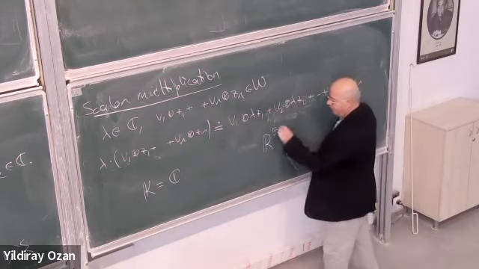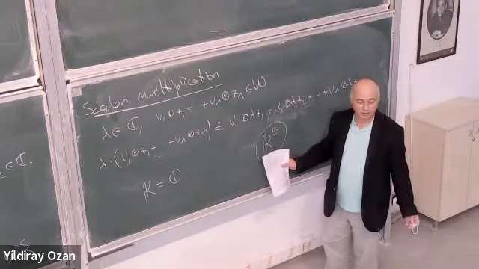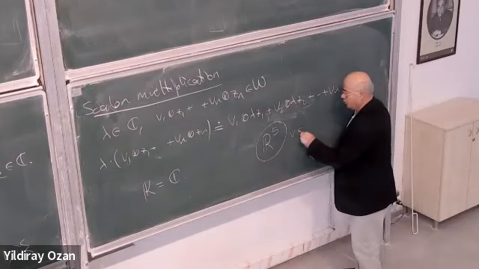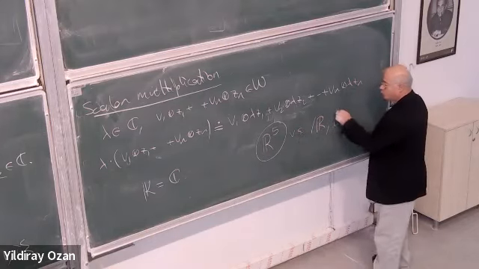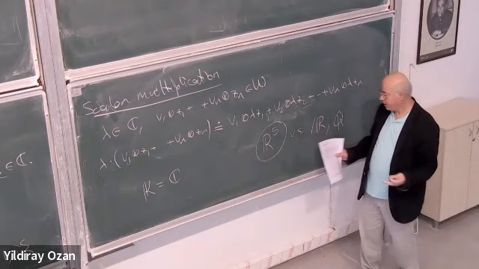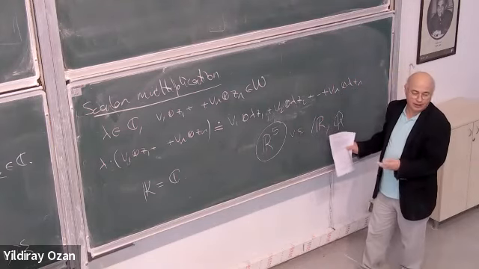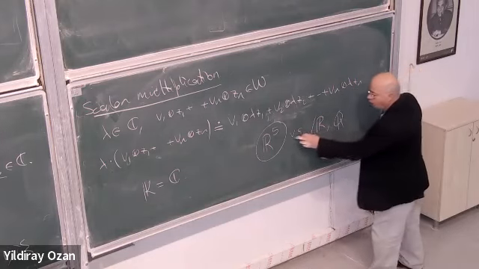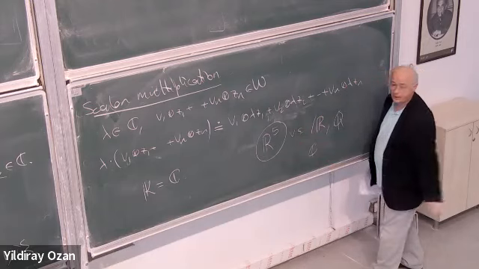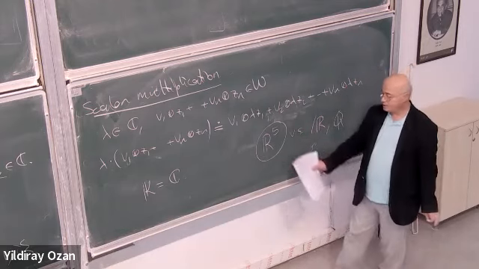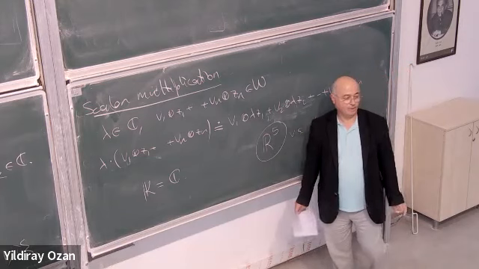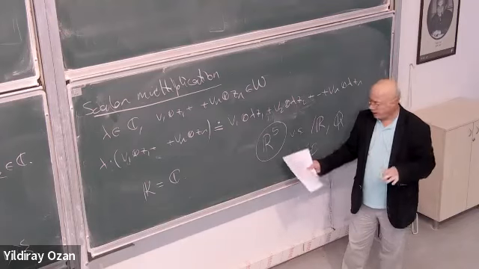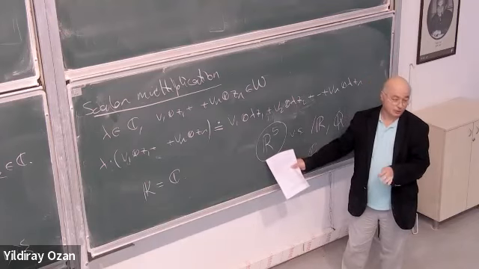Just consider this gadget. This is a real vector space. So it's a vector space over R, and over Q also, right? I can multiply because Q consists of real numbers. I can just restrict my scalars to Q, but I don't know how to multiply these elements with complex numbers. So this is not a complex vector space. Well, one may try to put a complex vector space structure on this gadget.